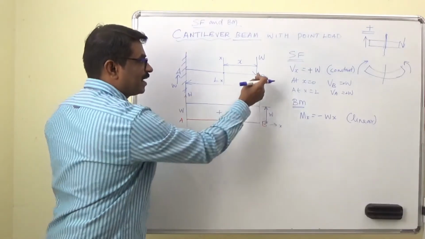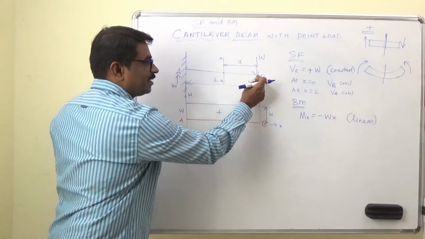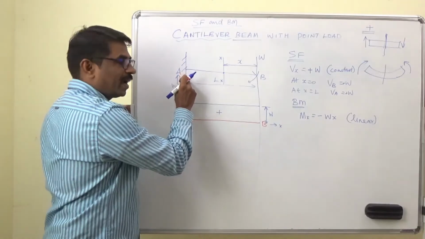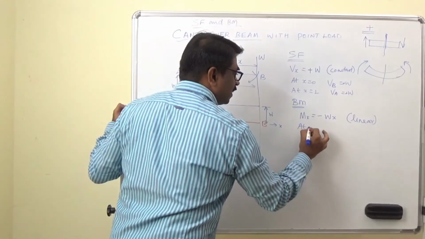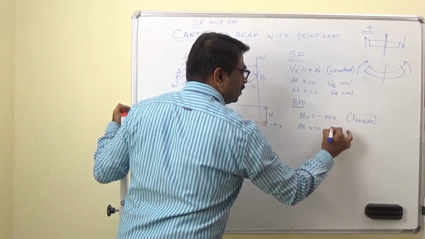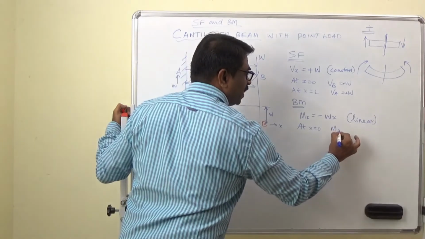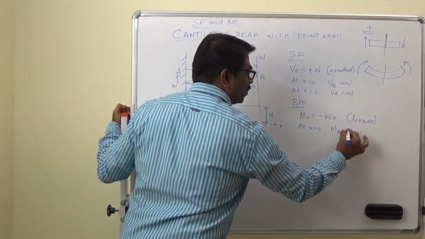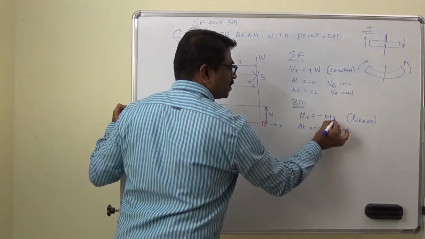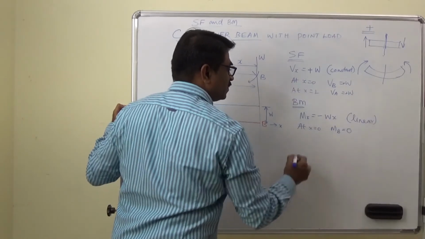Now when you see x, you can apply the boundary condition. What is the boundary condition? At the free end, at this fixed end. So at x equal to 0, M B equal to 0. You substitute 0 for x, then you get 0.